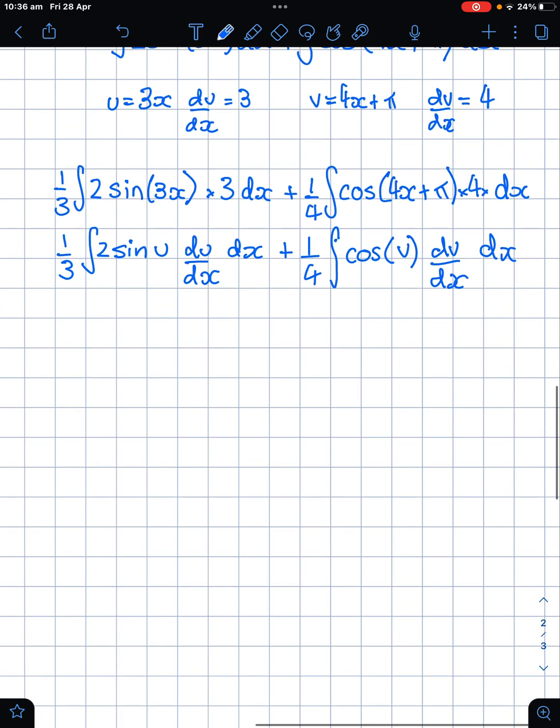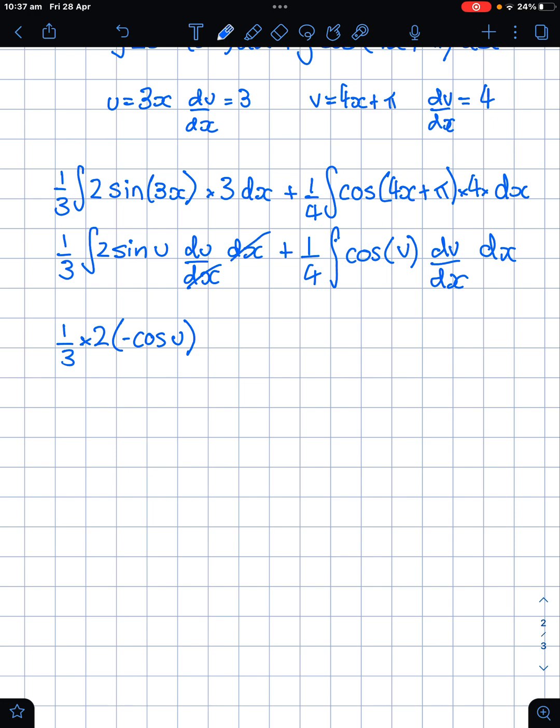All right, now these are easy ones to do. So I've got 1/3 times 2. The integral of sine is negative cosine, so we've got negative cosine u.